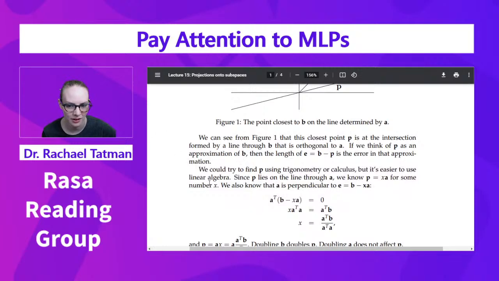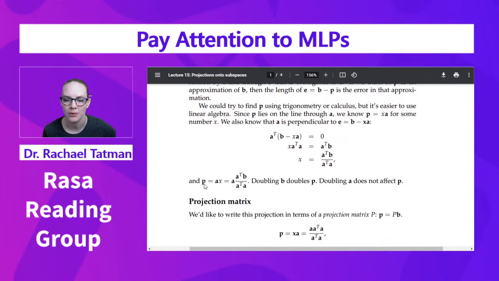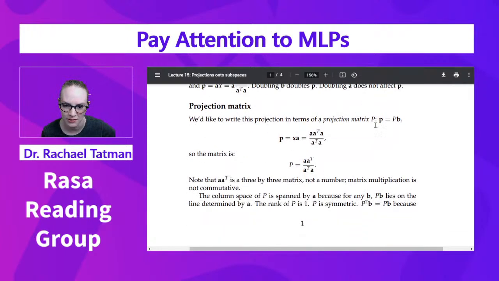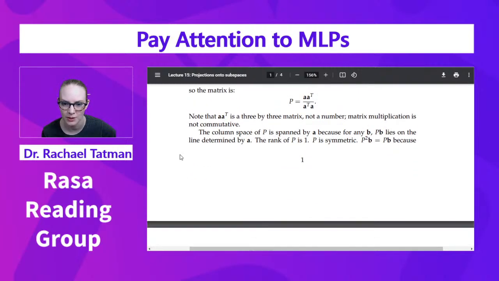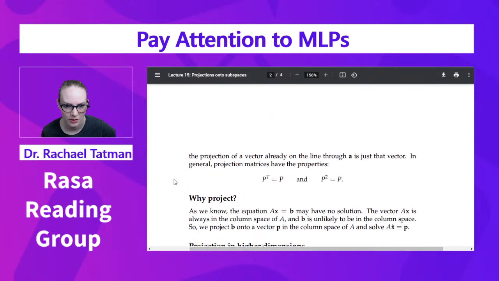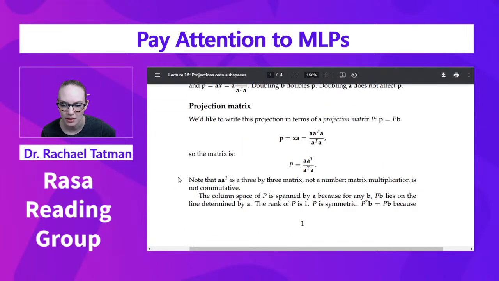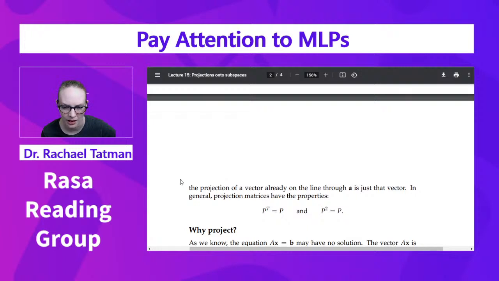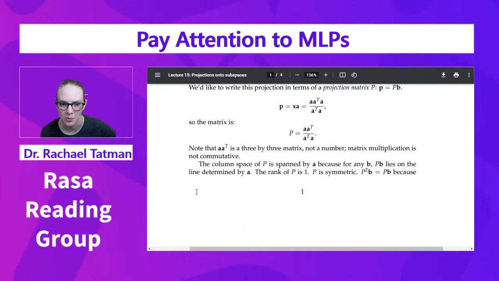Intersection, orthogonal, blah, blah, blah. Projection matrix. Matrix multiplication, not commutative. Column space. Why project? We know the equation may have no solution. The vector is always in the column space of A, and B is unlikely to be in the column space. We project B into vector P in the column space. Because the projection of a vector already on a line through A is just that vector. In general, projection matrices have 3 properties.